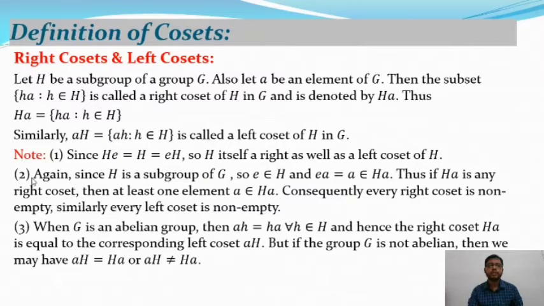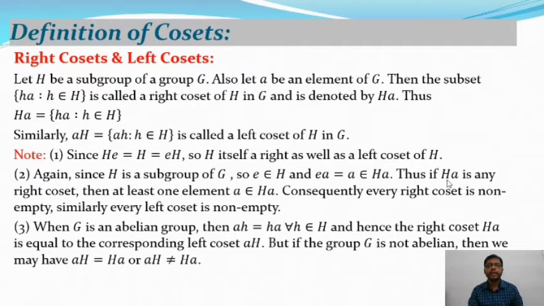And the second note on the coset: since H is a subgroup of G, e belongs to H, where e is the identity element in H, and e into a, where a is an element in G. So e into a, from the definition of the right coset, is equal to a, and a belongs to Ha.